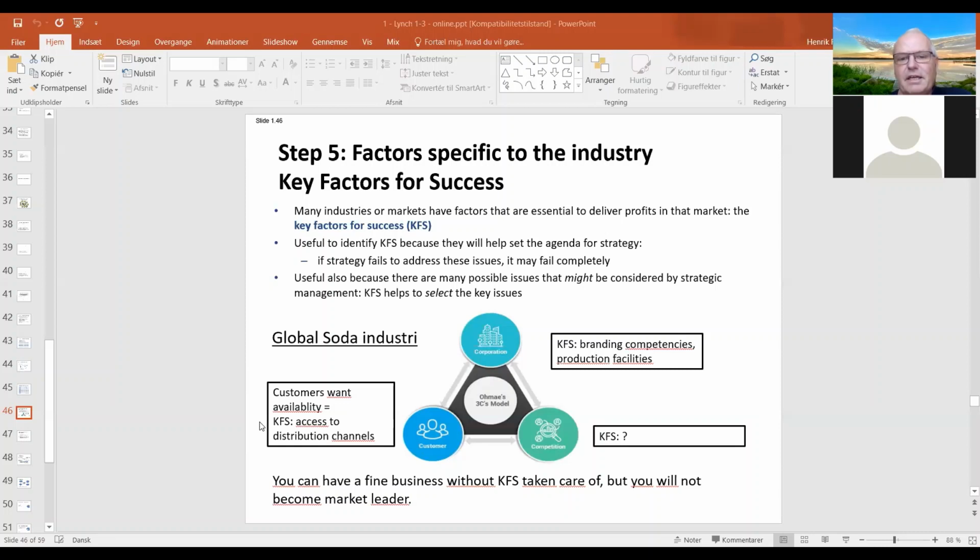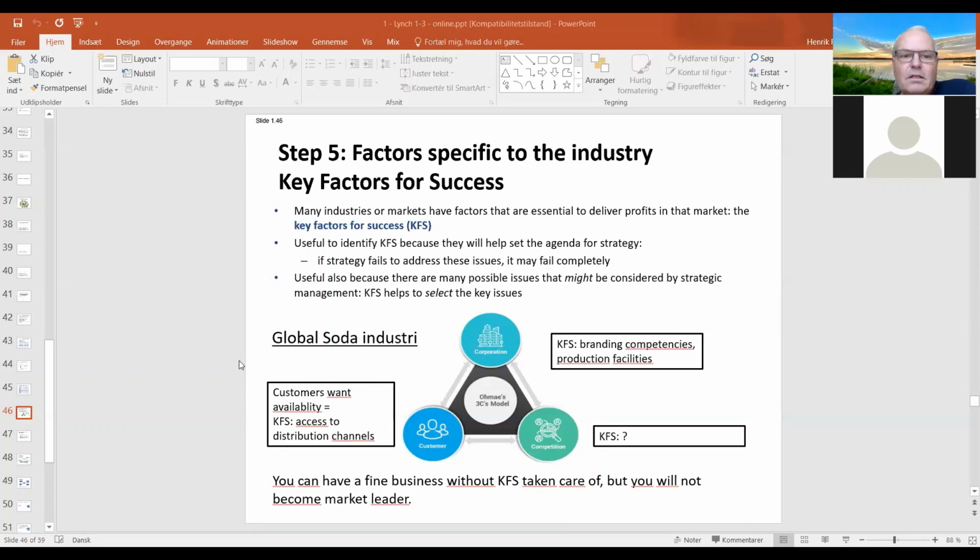That means if you, as a company, want to be a global brand within the soda industry and you do not have access to the distribution channel, then you can forget to become the market leader within that industry. So a key factor for success in this case would be access to distribution channels.